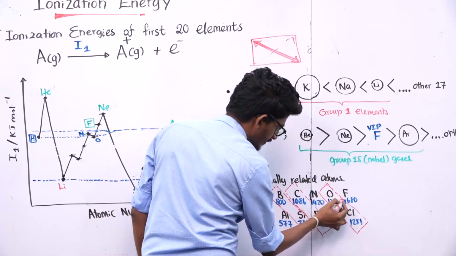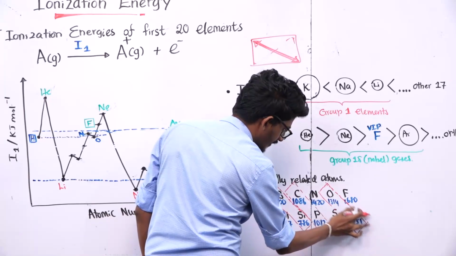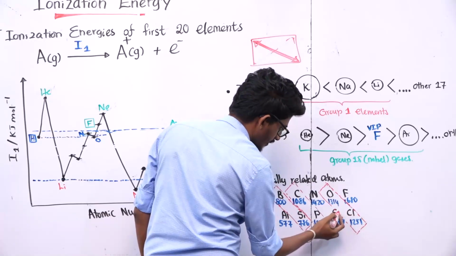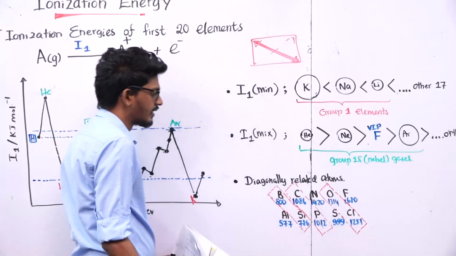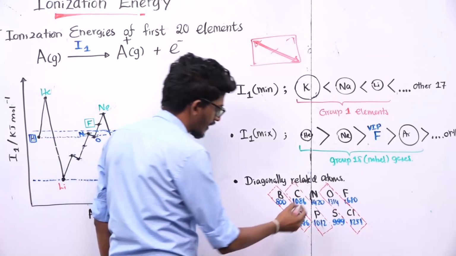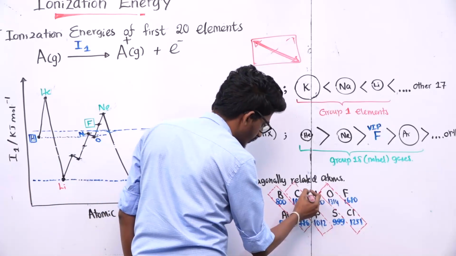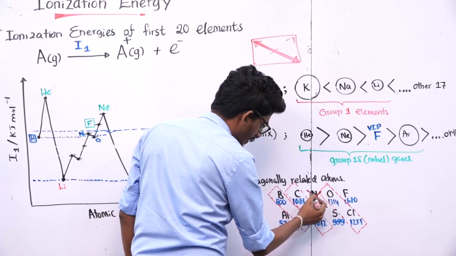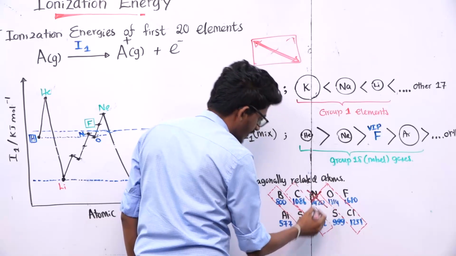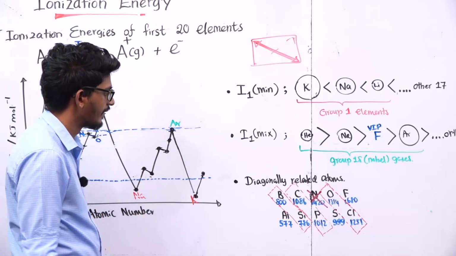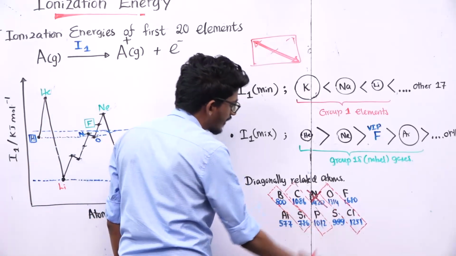For ionization energies, we are not going to relate nitrogen, because nitrogen is showing some abnormally high value. So we are not considering that. Other than that, these can be considered as diagonal related atoms.